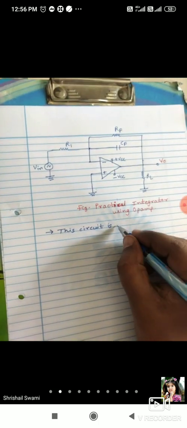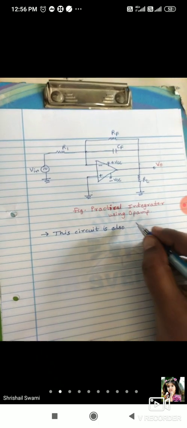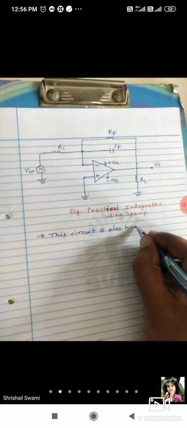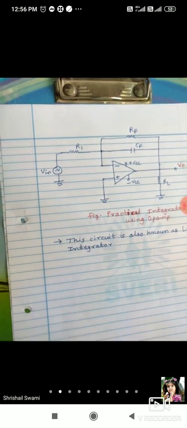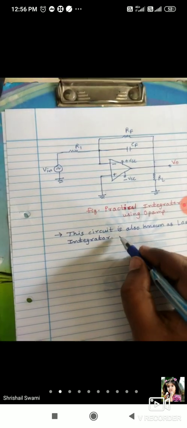This circuit is also known as a lossy integrator. Lossy integrator means the one in which the error voltage is minimum.